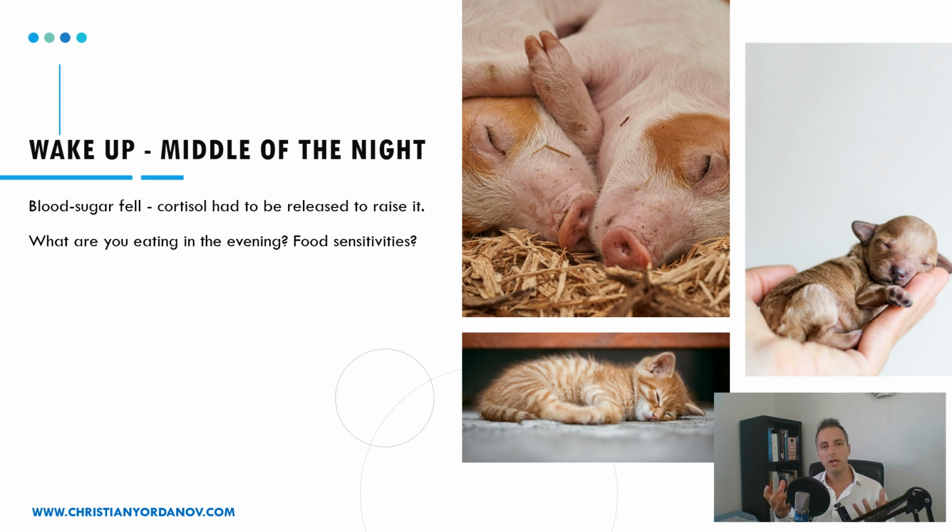Cortisol is secreted and it breaks down tissues in order to raise energy for the body, as it were. So you need to figure out if you're eating high carb meals or something with chocolate and fruit and things like that that could potentially mess with your blood sugar.